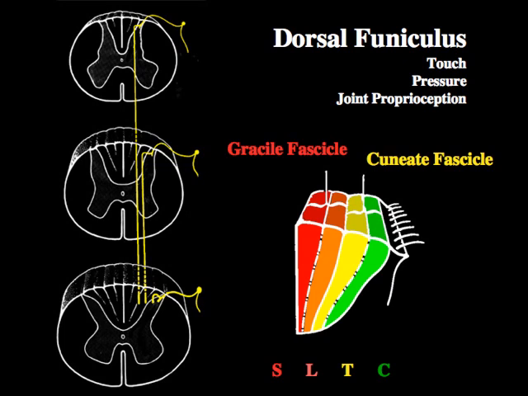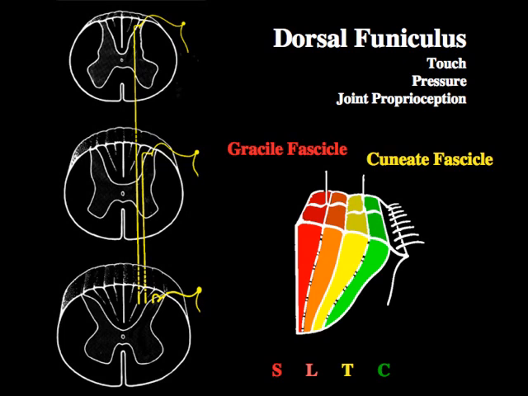Notice the number of fascicles within the dorsal funiculus increases as we move cranially through the central nervous system. Medially here, we're coding for caudal areas, and laterally, we're coding for cranial areas.